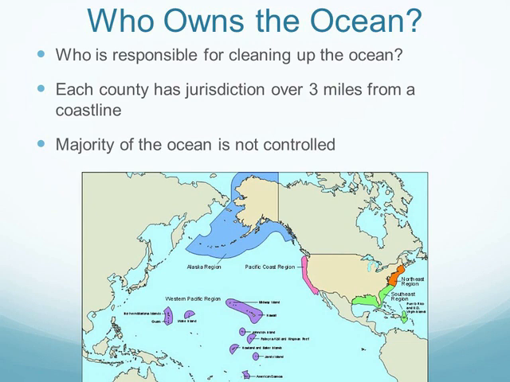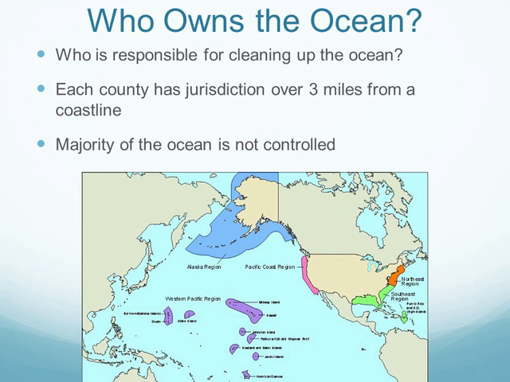And then the last question I want to pose to you is, who owns the ocean? Because in this sense, this trash problem is a global issue, all right? It's not just, oh, what can Hawaii do or what can the US do? It's what can we all do to fix this problem, because we're all contributing to the amount of trash within the ocean.